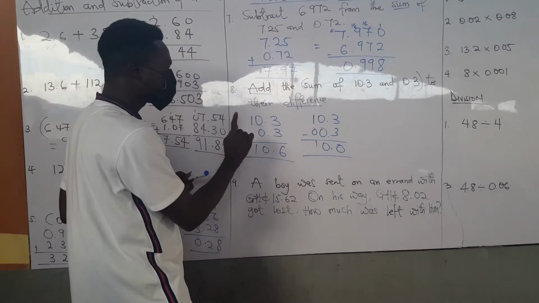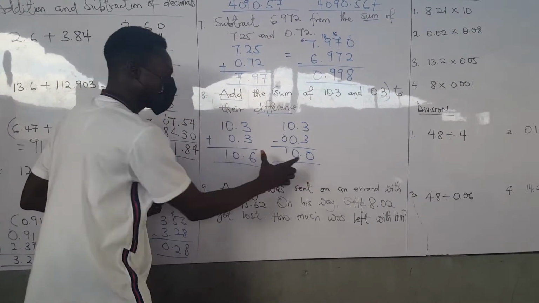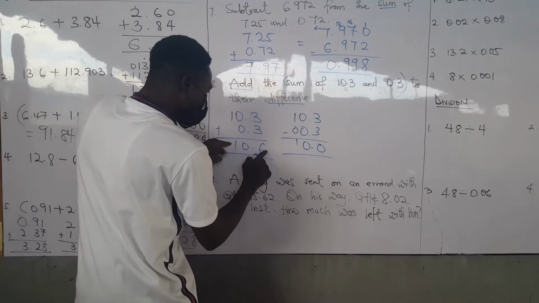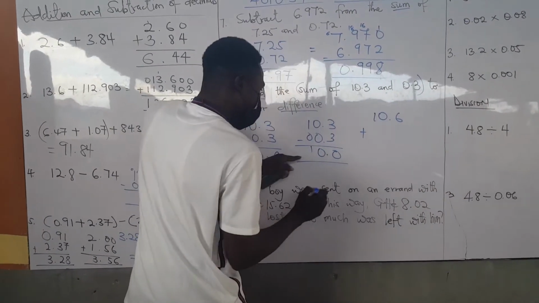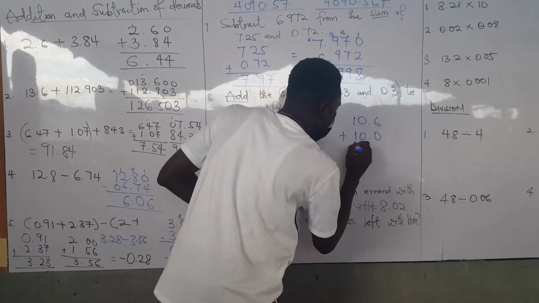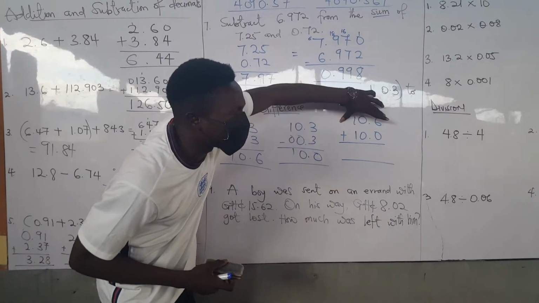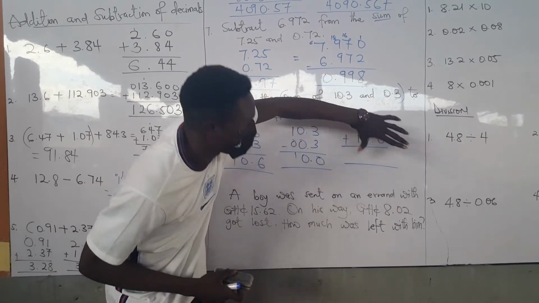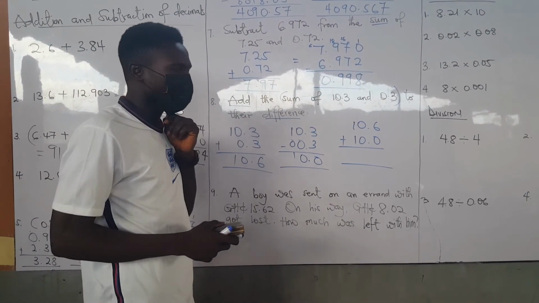Now I am to what? Add the sum, which is this, to their difference. So I'm now going to add 10.6 plus 10.0. Why? Because I am to add the sum to their difference. And difference means subtract.